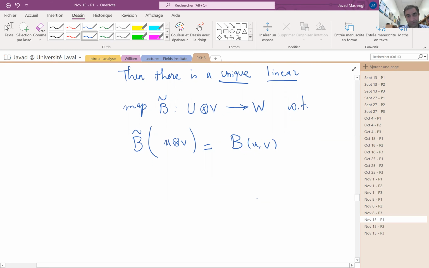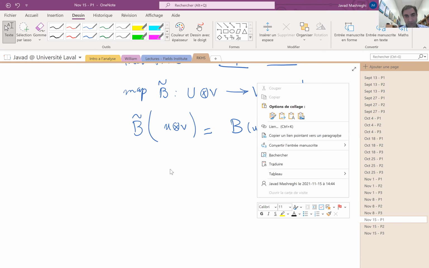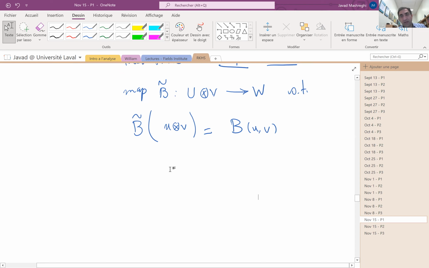Well, the proof. We can also draw a commutative diagram like this: U Cartesian V, this B toward W, and here is U tensor V. There is a mapping here. This is the projection that we had before.